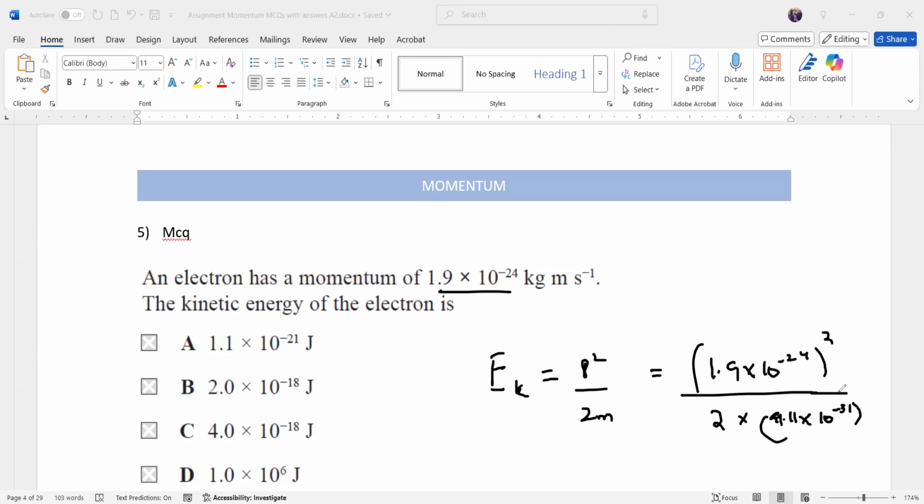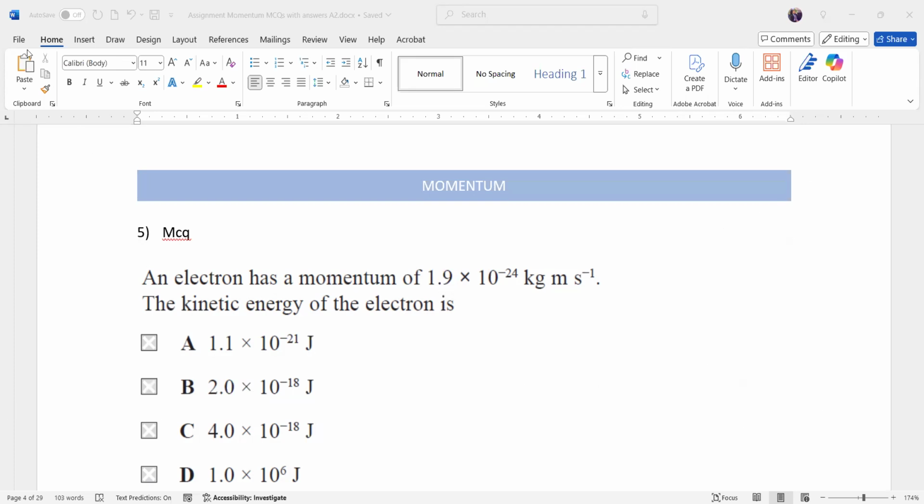What's the answer? So we got 2 exponent minus 18, so B will be the right answer. So this is a direct question. You just have to substitute the values and get the answer.